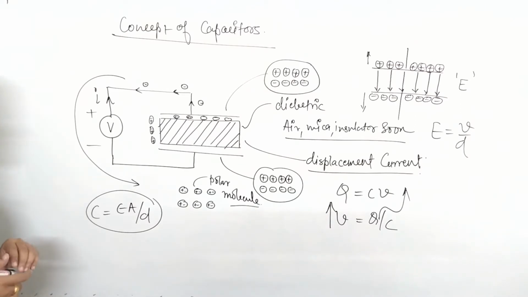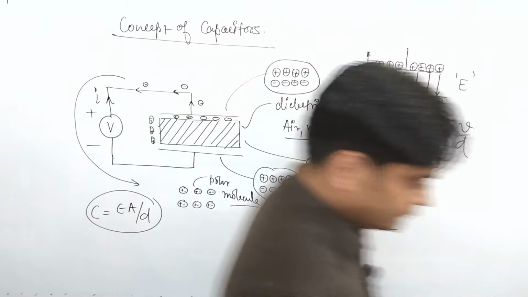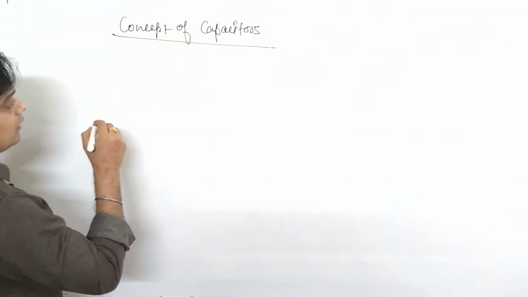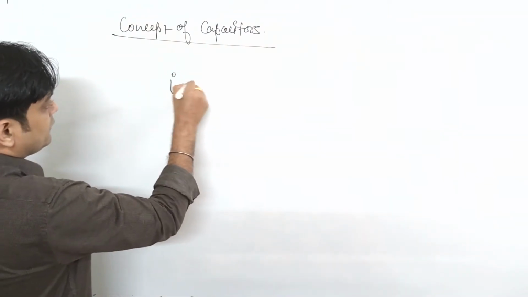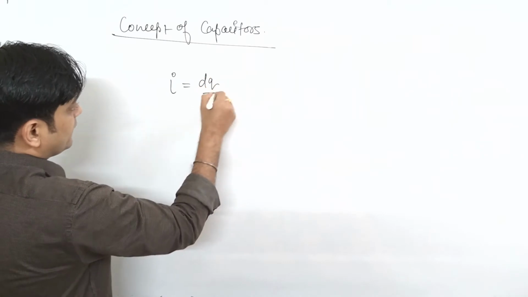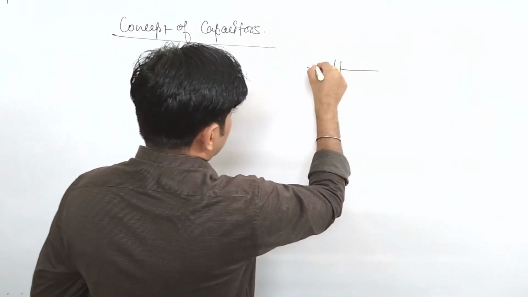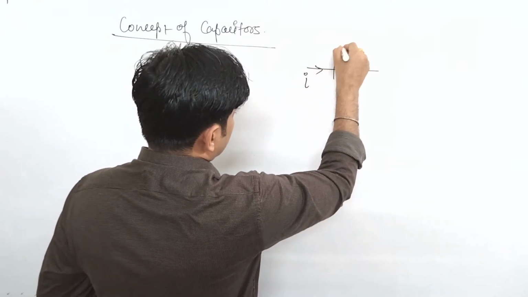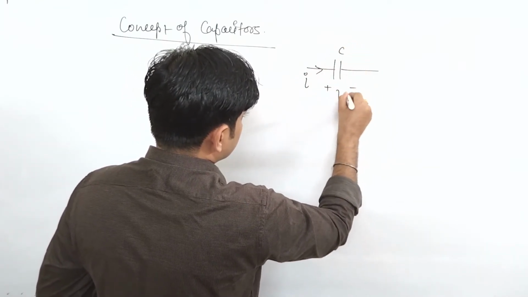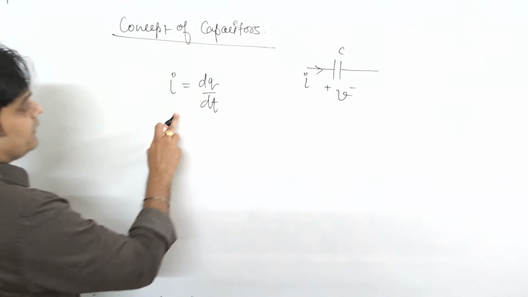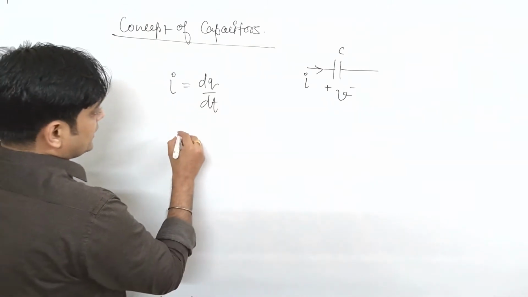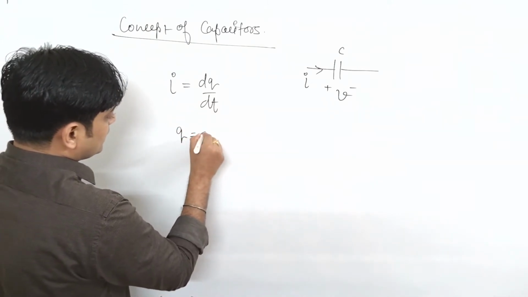Now we will see what more important concept is required to understand in capacitors. As we know, I is dq by dt. If I consider a capacitor with current I, capacitance C, and voltage V, we know that I is dq by dt and Q is CV.